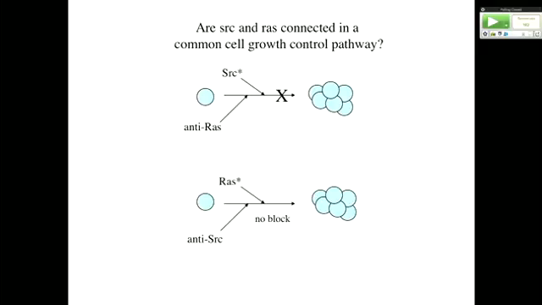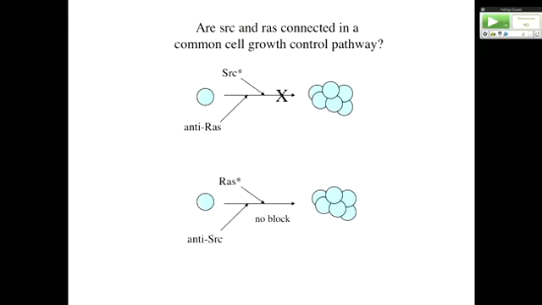Yes, excellent. So RAS is downstream of SRC in a common signaling pathway. Because only if RAS is downstream would blocking RAS be able to block SRC action, but blocking SRC would not be able to block RAS action, because RAS is downstream in the pathway.